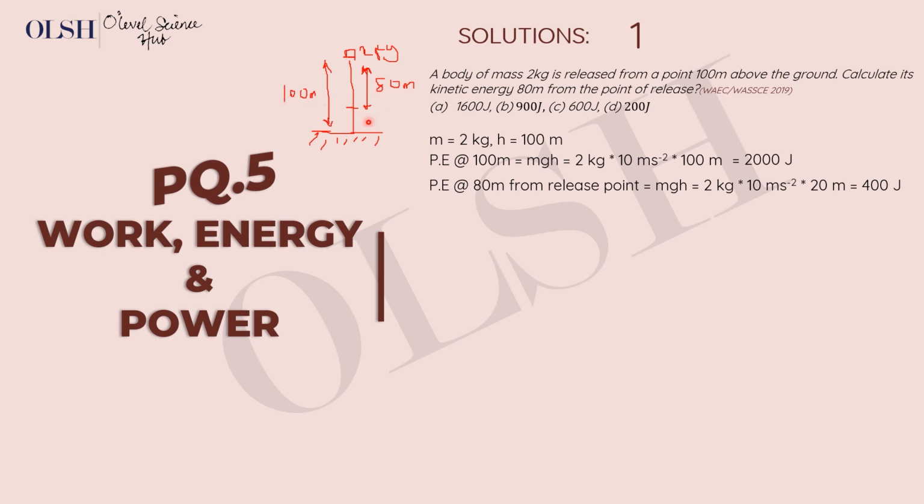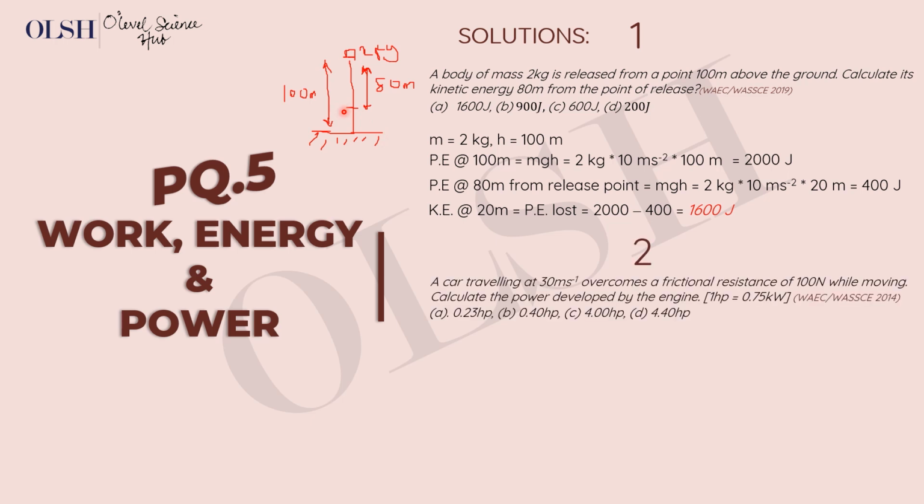So we're going to use 20 meters as our height. We use the same formula mgh, which gives us 2 kg times 10 meters per second squared times 20 meters, which is 400 joules. Now we find the difference between both of them, and that will give us the kinetic energy at 20 meters. So PE lost is 2000 minus 400, which is equal to 1600 joules. That gives us the kinetic energy at this point.